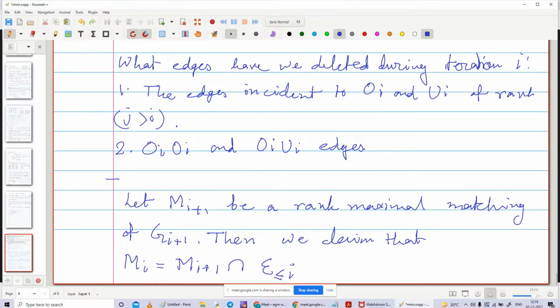So basically we are taking the matching Mi plus 1 and removing all the edges of rank i plus 1 from that matching, and we define the remaining edges as the matching Mi. We claim that this is a rank maximal matching of Gi. Can you see why it is true?